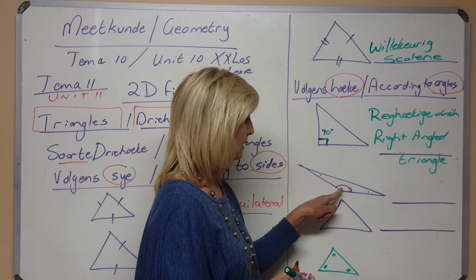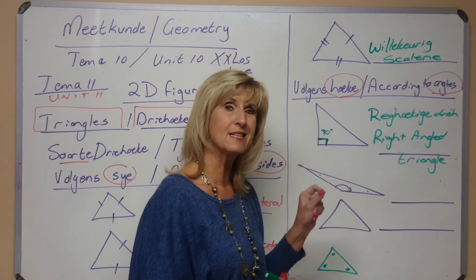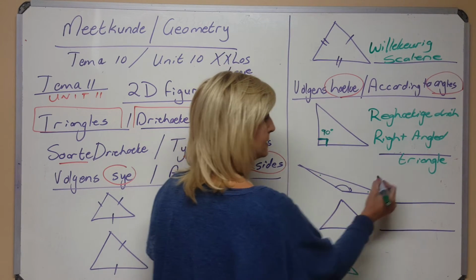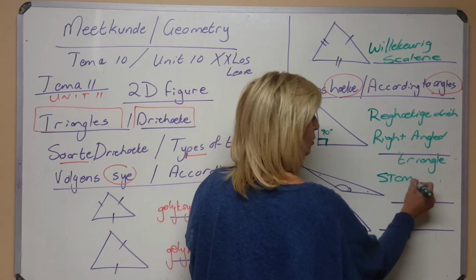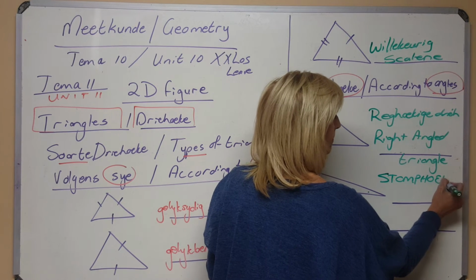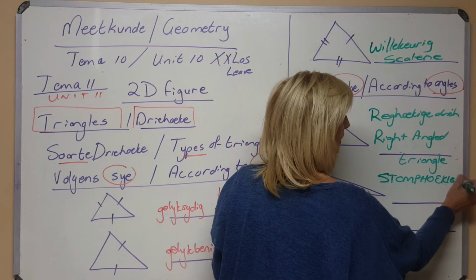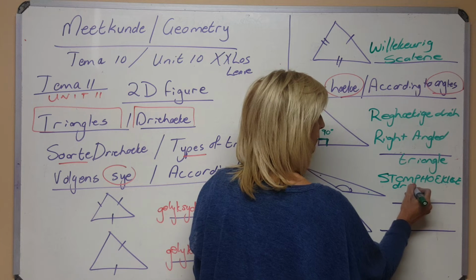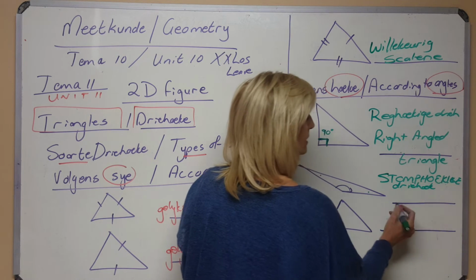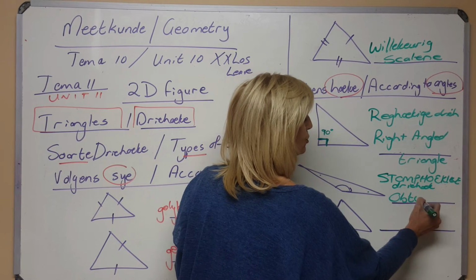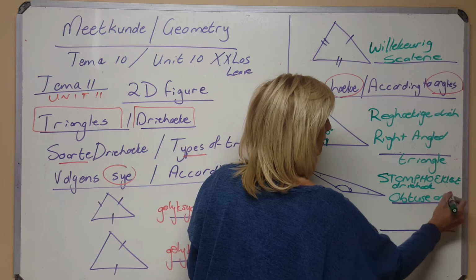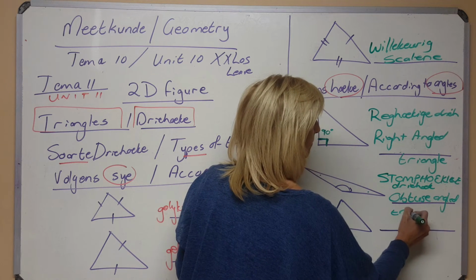As hy dan nou meer as 90 is, gaan hulle twee kleiner skerp hoekies wees, maar hy is dan 'n stomphoekige driehoek. So in English, it's an obtuse angled triangle.